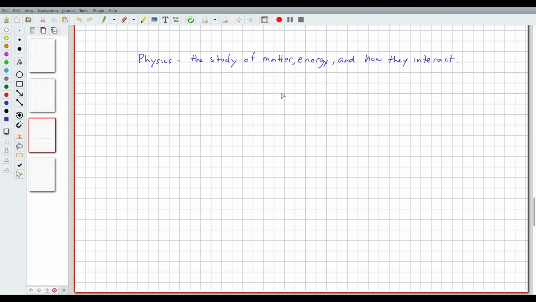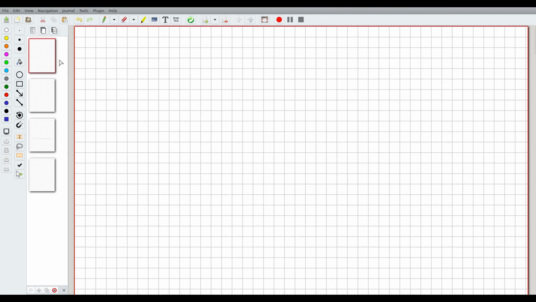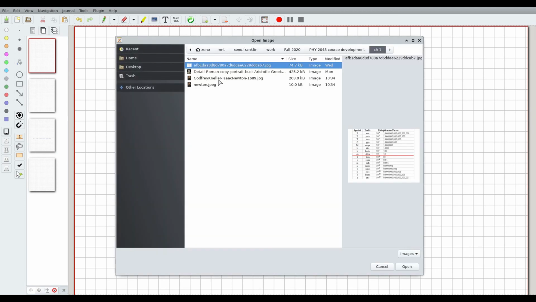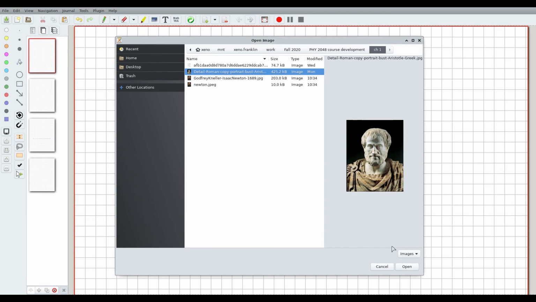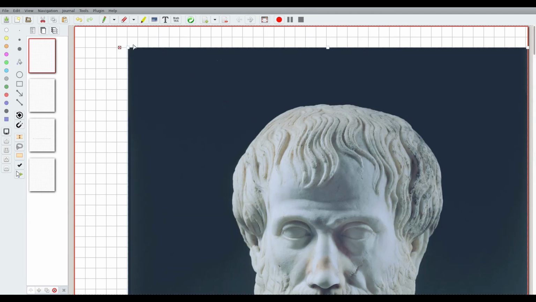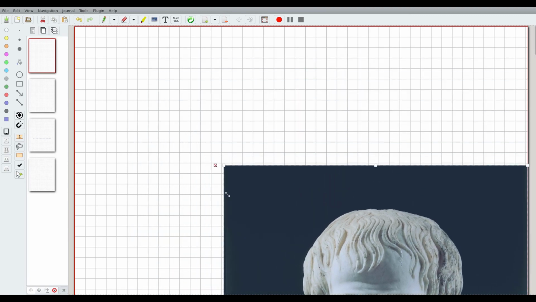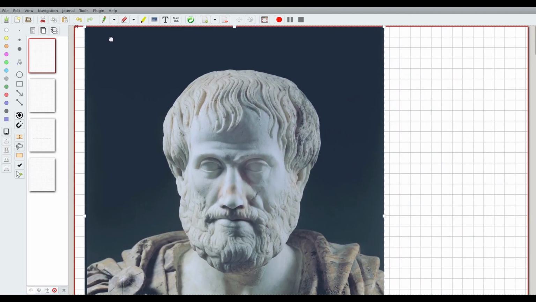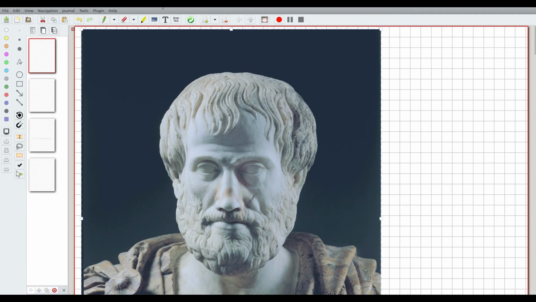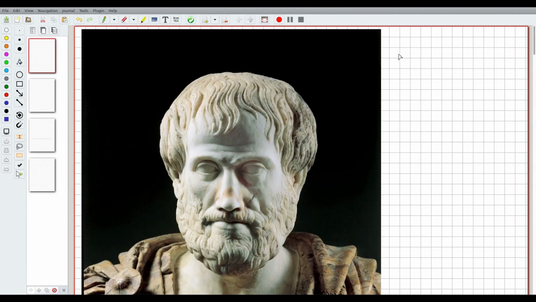Now, that said, let's take a look at the historical way that physics started. To understand that, we need to talk just a little bit about this guy right here. Let me resize this so it's not so crazy. So this guy right here, his name's Aristotle.